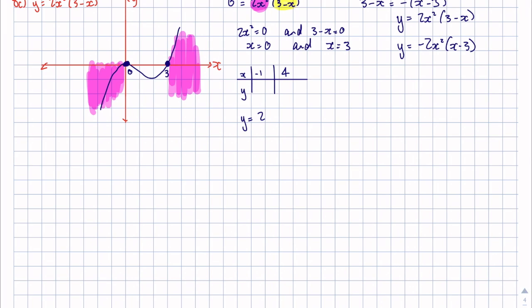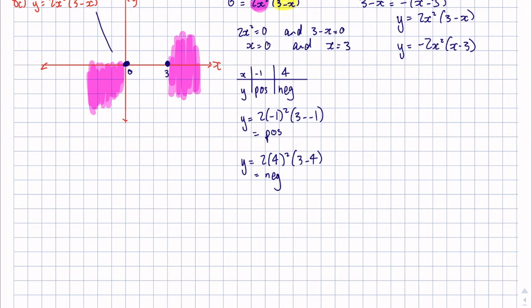Y equals 2 times negative 1 squared, 3 take negative 1, it's positive. Yeah, because negative 1 all squared is positive, 3 take negative 1 comes out as positive 4, so it's positive. Let's chuck in 4, 2 times 4 squared, 3 take 4, this is going to come out as negative. So, instead of being like that, we're coming down this way.